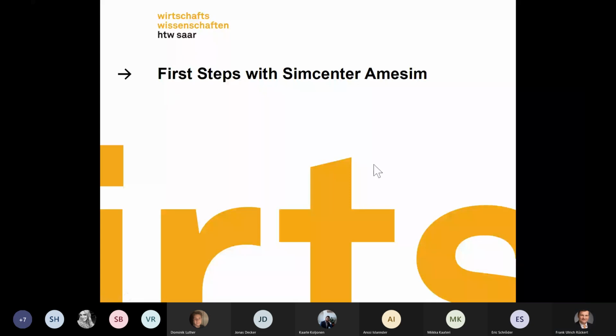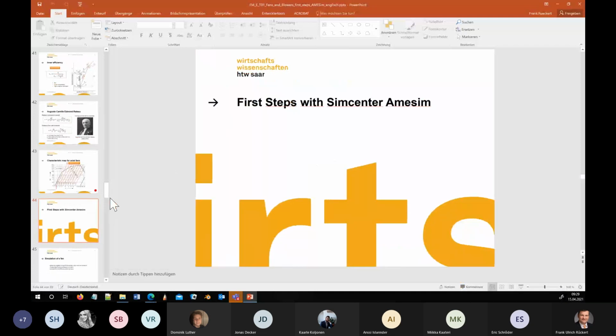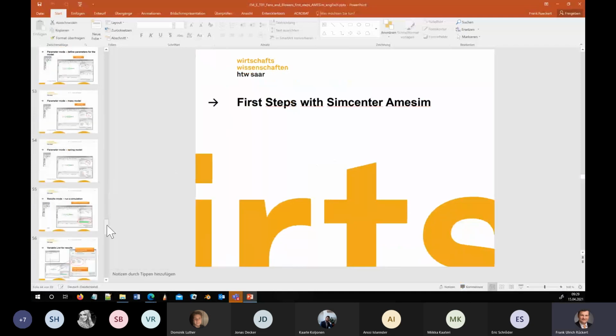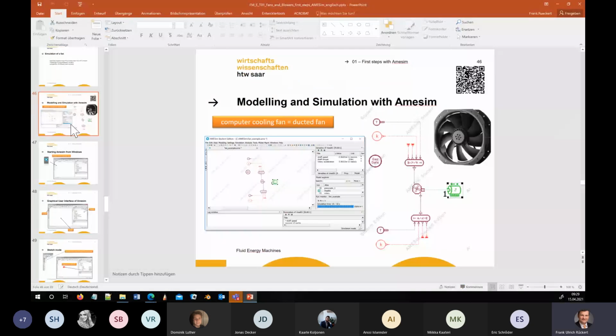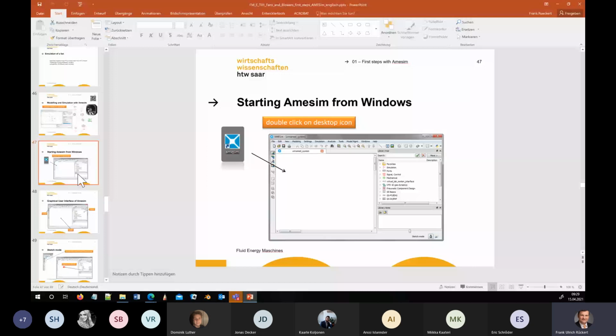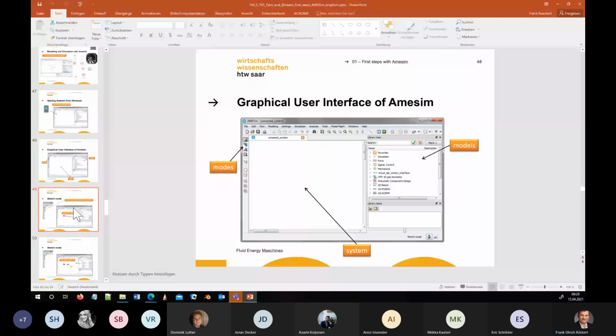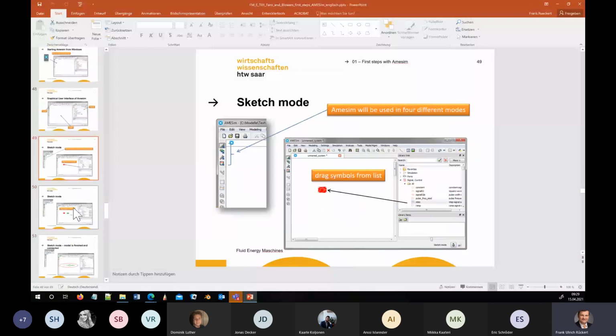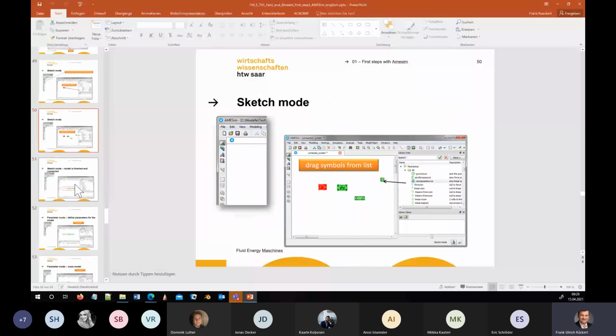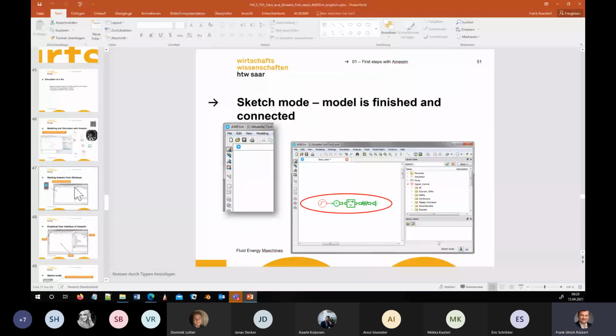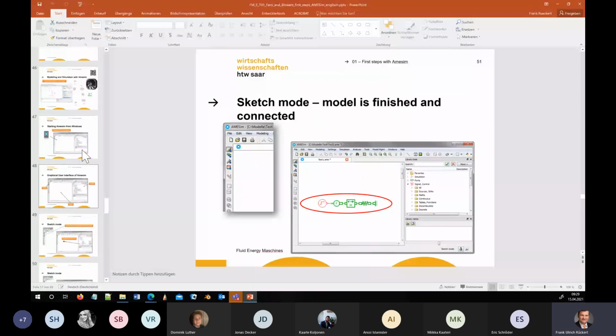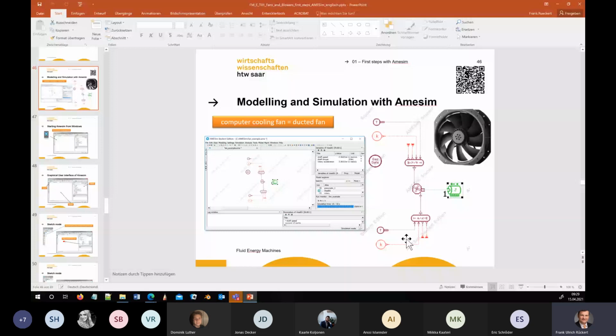And then next week, please, before, here in the slide is a small example. Please, I want you to look through the slides carefully and try it out on your own with the tool. And then you should do this small exercise here for our ducted fans.